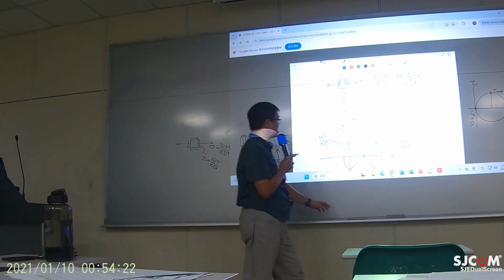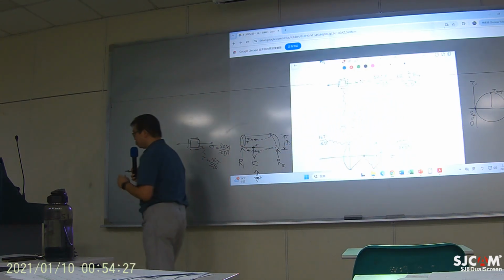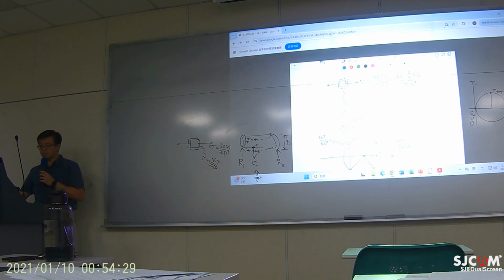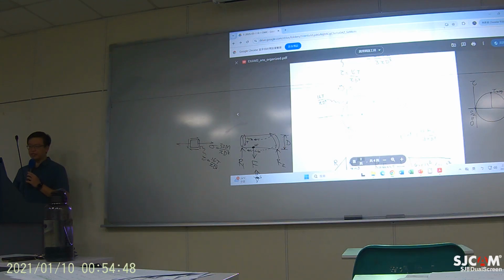So you end up with these two values. Then you can draw a Mohr circle. Okay, and this is how the Mohr circle is going to look like. You can first find the position of the center point, which is half of your sigma. And then you can use a triangle to determine the radius.